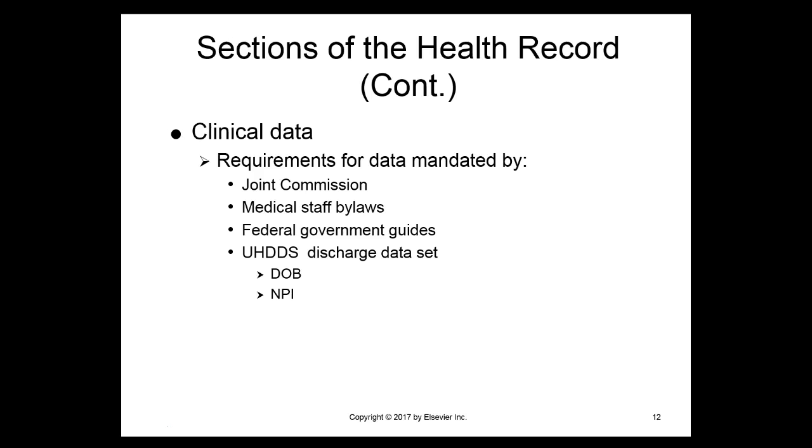Then we have the Universal Hospital Discharge Dataset, UHDDS, and we'll look at that. UHDDS is on page 13 in your textbook. Now, if you actually Google UHDDS, it's a much more extensive set of data, but this is the data that hospitals are entering.